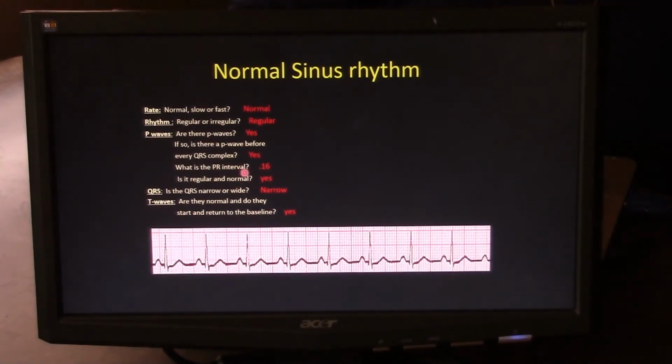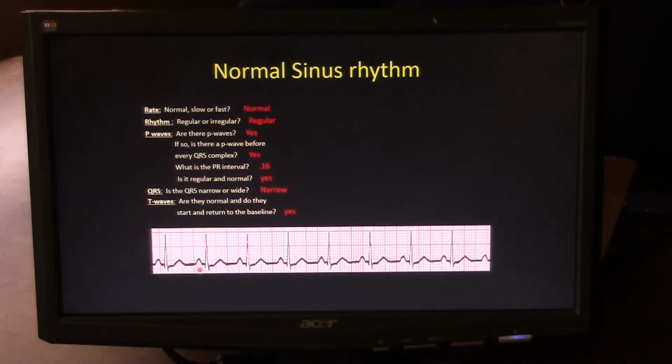The PR interval, is that normal? Well, the PR interval is the beginning of the P wave to the beginning of the QRS complex. And that should equal 0.12 to 0.20 seconds, or 3 to 5 small boxes. Again, it's easiest if you can find a P wave or a QRS that starts or is in line with one of these large boxes. So let's take a look at this one.